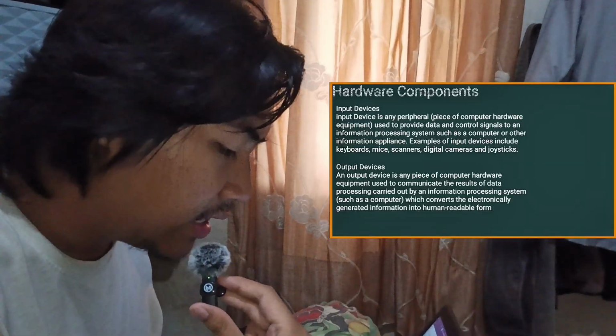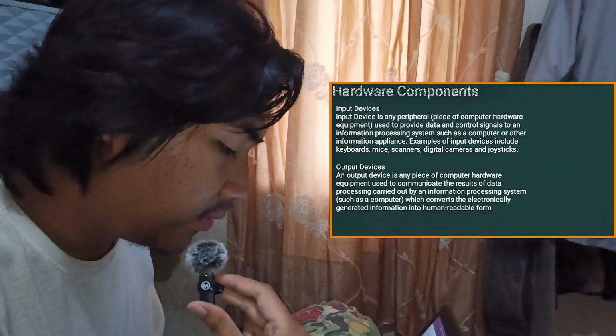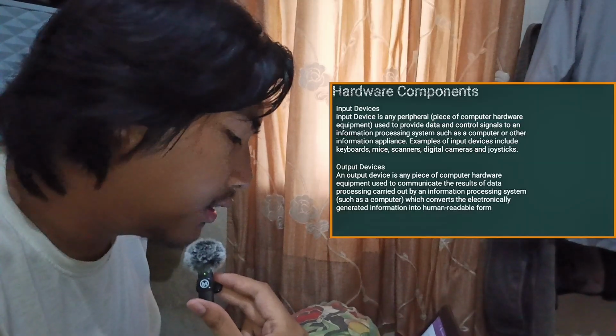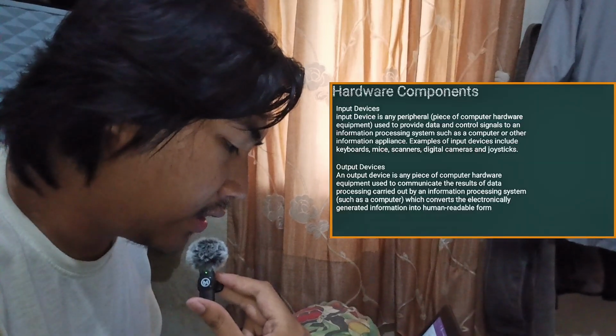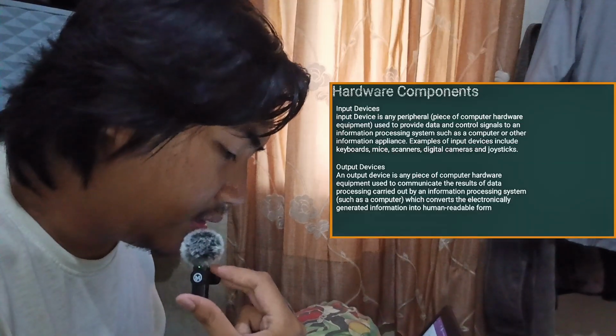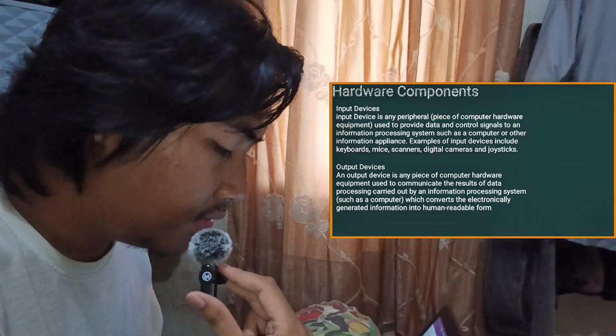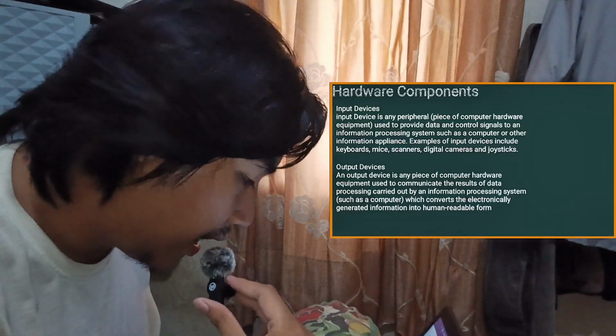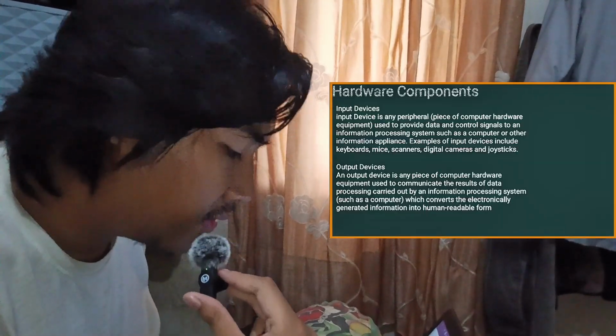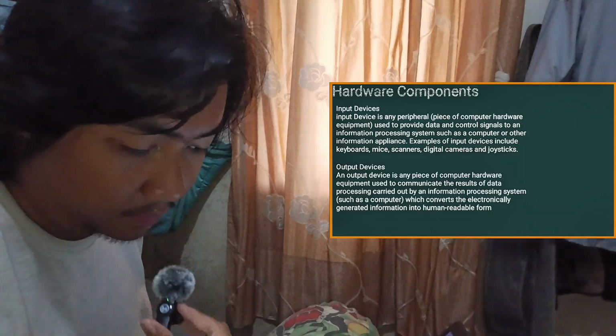An output device is any piece of computer hardware equipment used to communicate the result of data processing carried out by an information processing system, such as a computer, which converts the electronically generated information into human readable form.